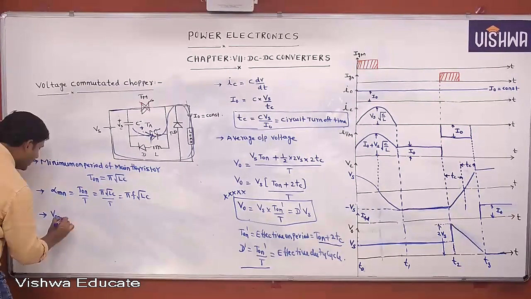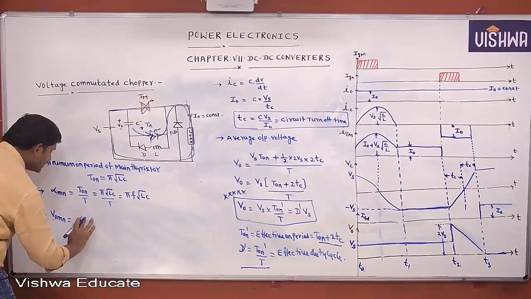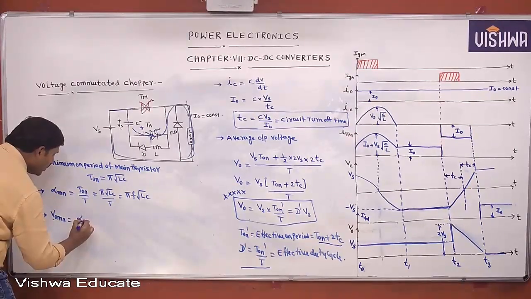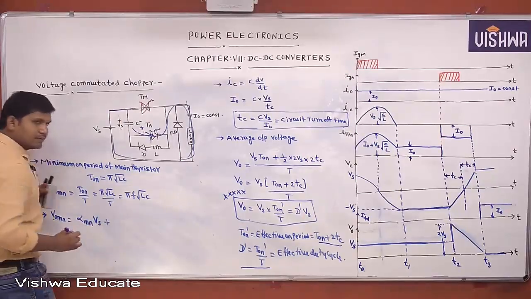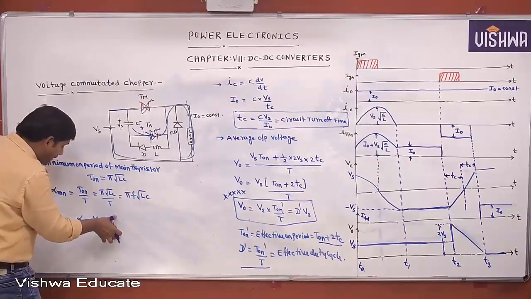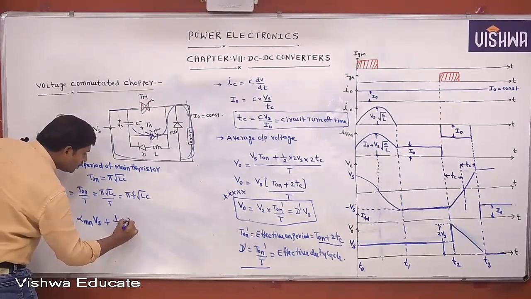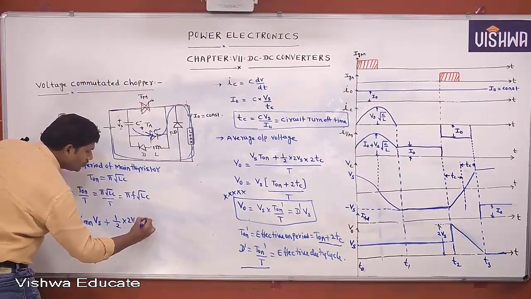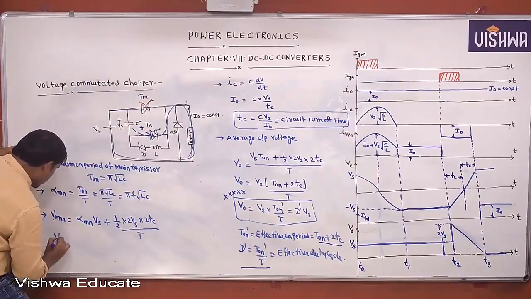V naught minimum equals alpha min into Vs, plus another voltage, that is half into 2 Vs into 2 Tc by T.